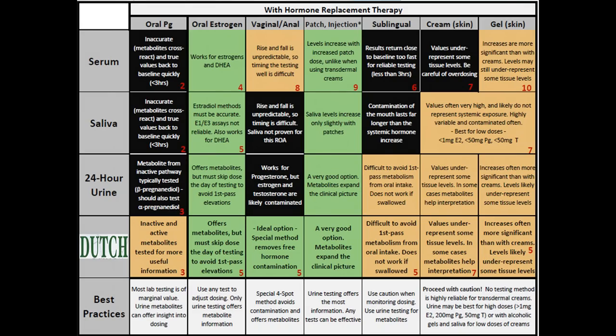We can see these most notably in this matrix by the areas that are black. Let's take sublingual hormones and saliva testing as an example. That is a bad combination where we've got a problem. And what is that problem?